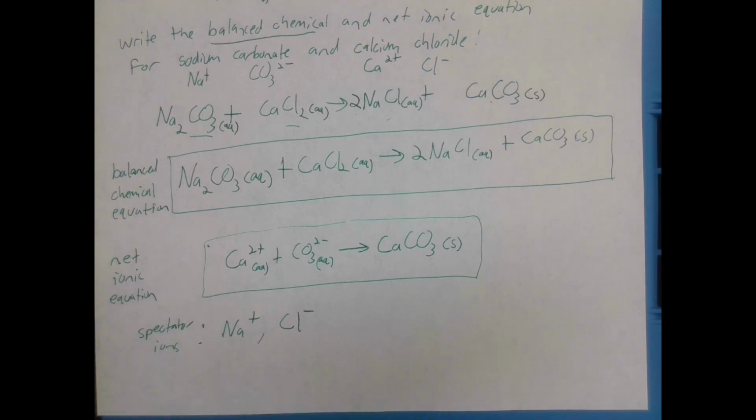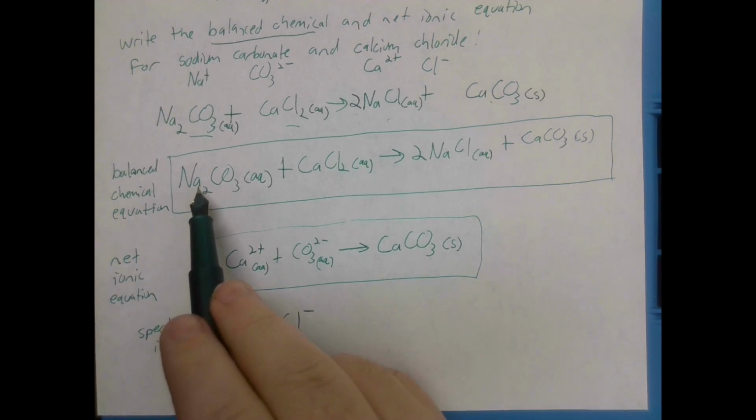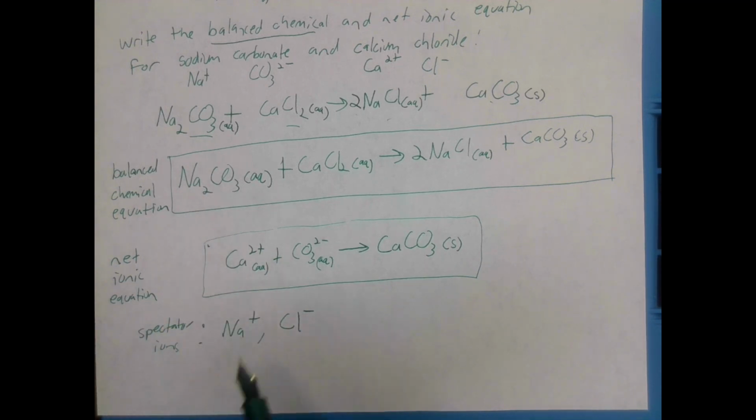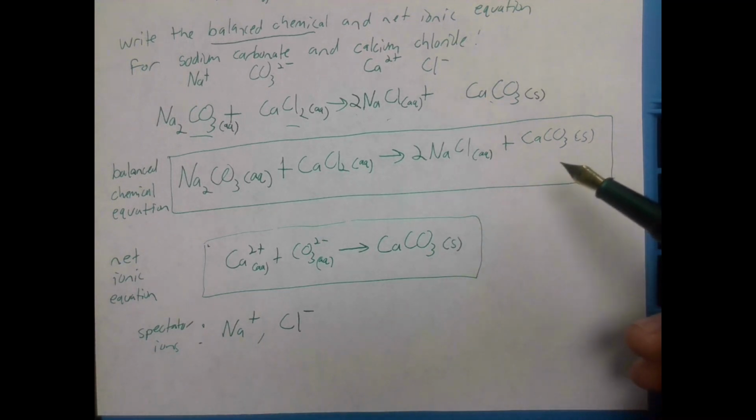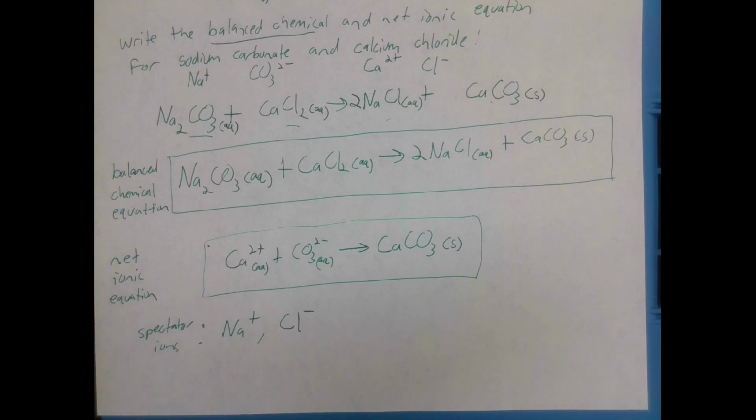Why is the net ionic equation really useful? Let's say that you want to make some calcium carbonate. You know the balanced chemical equation: sodium carbonate with calcium chloride gives you salt, which will dissolve in water, and calcium carbonate.